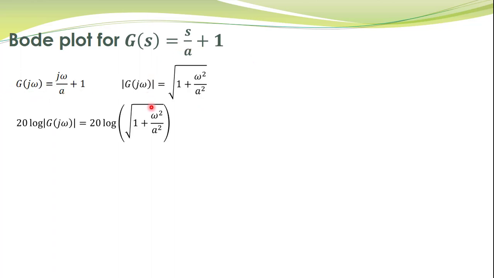And in dBs, we take the log of this number and multiply it by 20. Furthermore, we can take the square root outside of this log. So that is equal to 1 by 2 multiplied by 20 log of the term inside this square root.